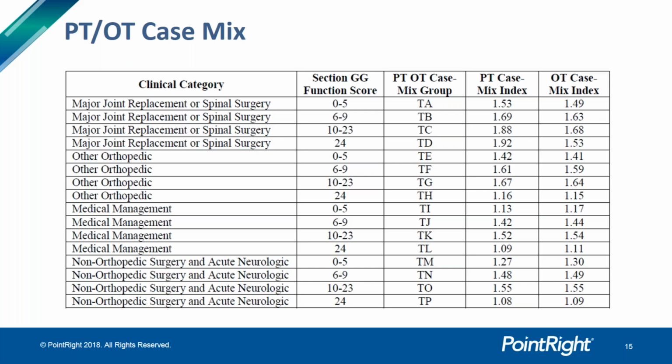Particularly in the last 3, we see little utilization, lower indices at the end and the beginning of the stay, and more concentrated indices in the middle of the stay. What CMS had looked at was this bell curve of delivery of PT and OT, particularly in the last 3 categories. So here are your new clinical categories, functional scores, and case mix groups for PT and OT.